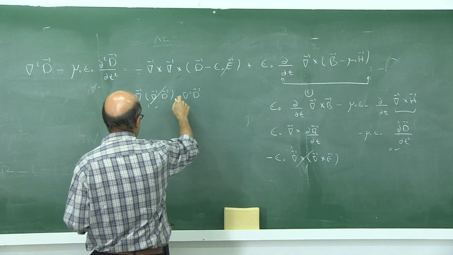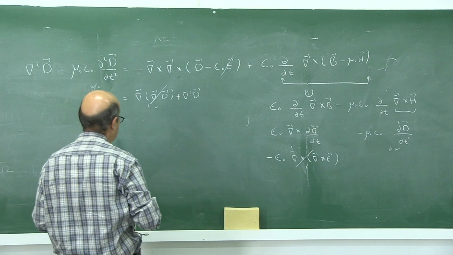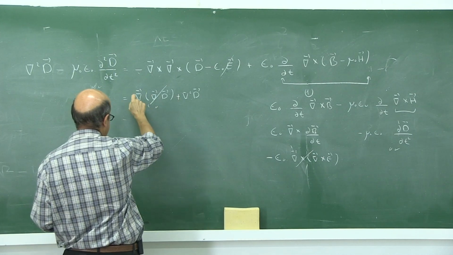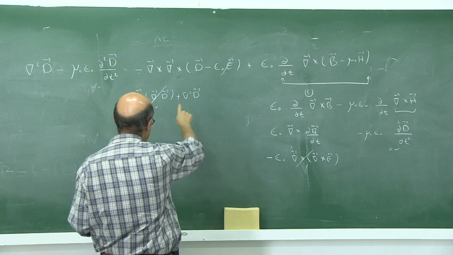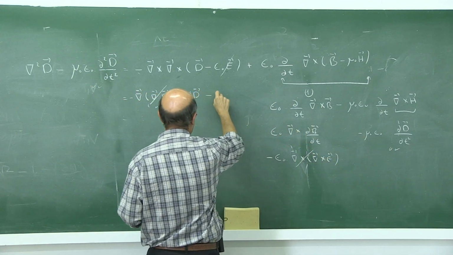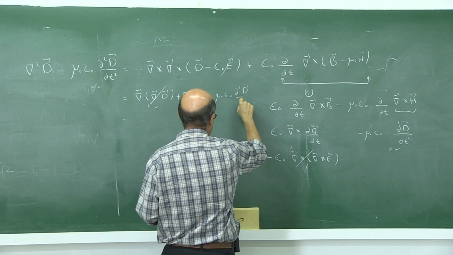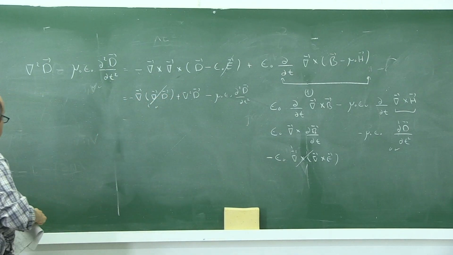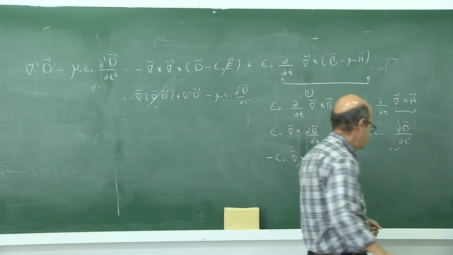So we have a minus sign, multiplied with minus, so we have Laplacian of D, and from here we have mu 0 epsilon 0 del square over del t square. So basically, left hand side is equivalent to the right hand side using the Maxwell's equations.